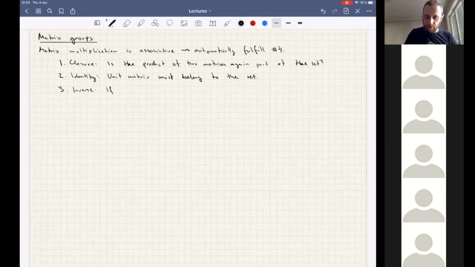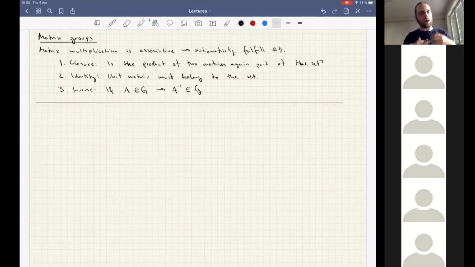If A is in the set, then A inverse should be in the set too. So if we have a set of matrices that satisfy these 3 under matrix multiplication, then we have a matrix group.